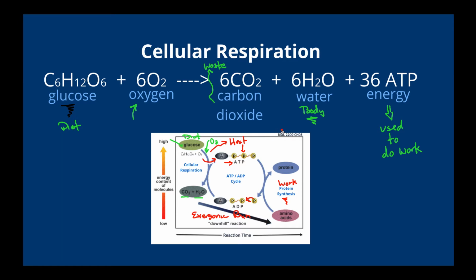So in terms of the overall reaction above, we could also indicate that there's going to be some heat loss. Overall, the energy conversion of glucose to ATP is about 40% efficient. That means a whole bunch of that energy is going to be lost in the form of heat.